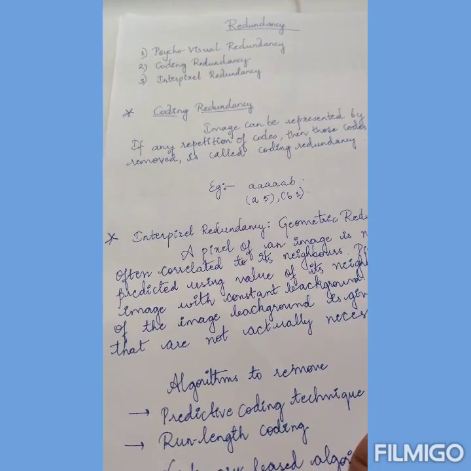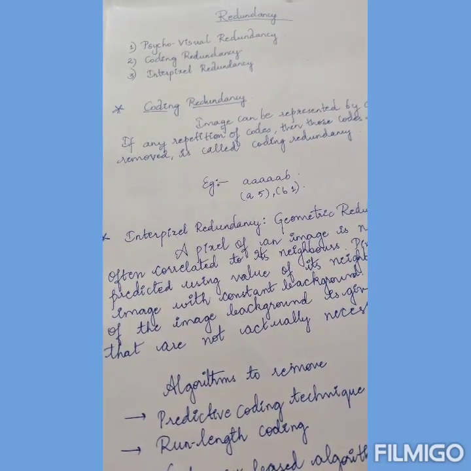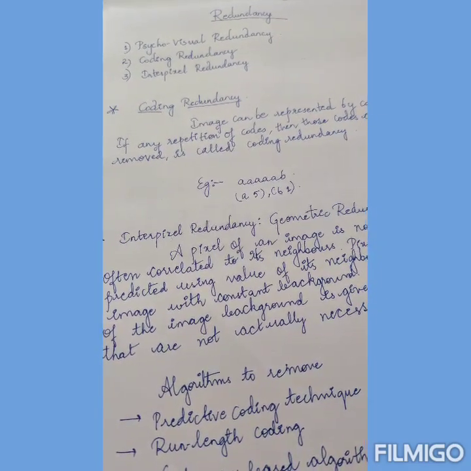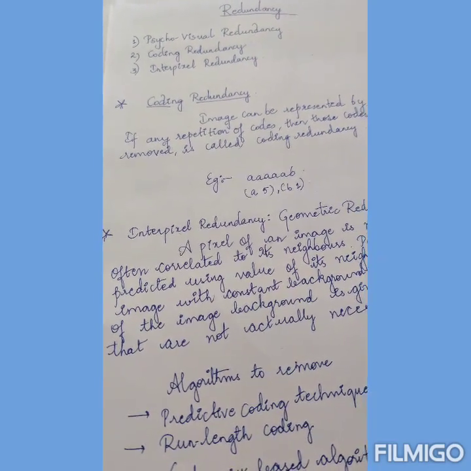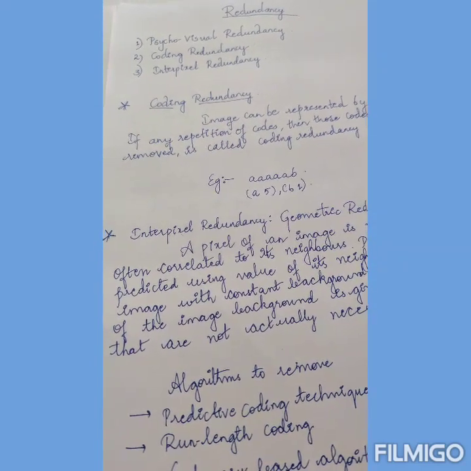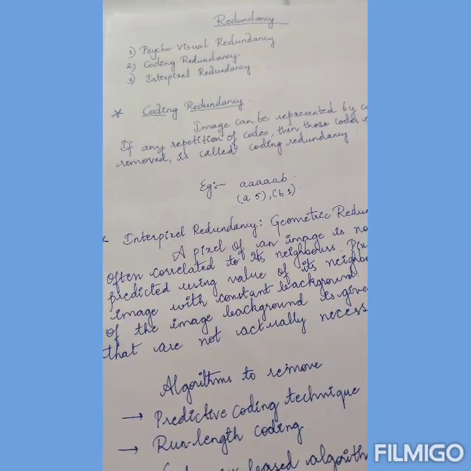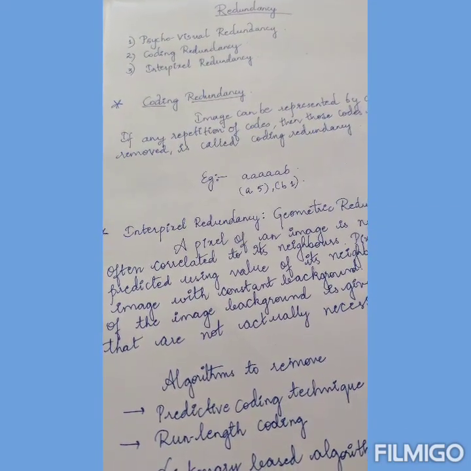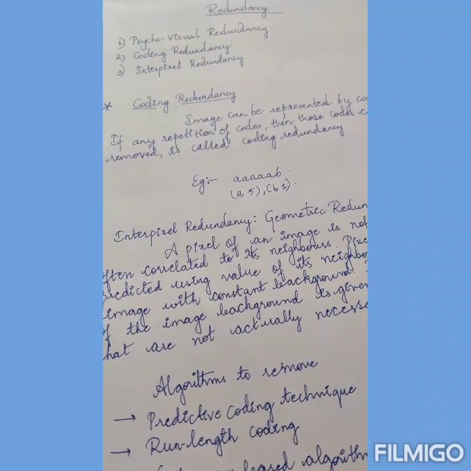For example, let us consider that an image segment is represented using 8 bits of data. That number of bits is what we try to reduce in image compression.